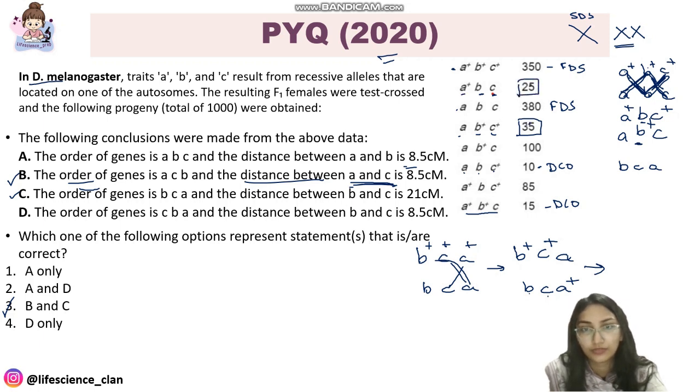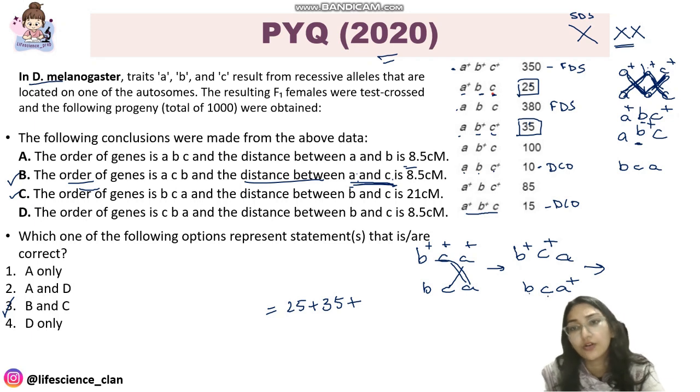So these are the number of progeny having the crossover between A and C. So for my formula, I need to add the number of SDS having that crossover. So it will be 25 plus 35, and also these double crossovers have got crossing between A and C, which we spoke about here earlier. So we need to add them as well.